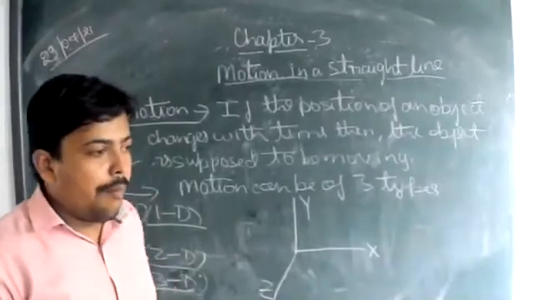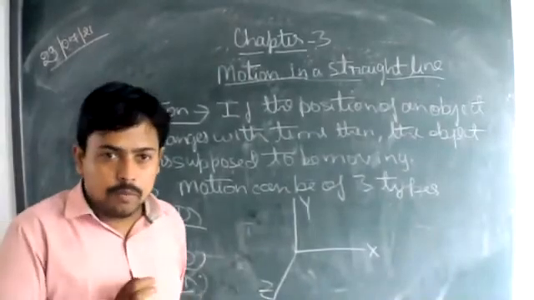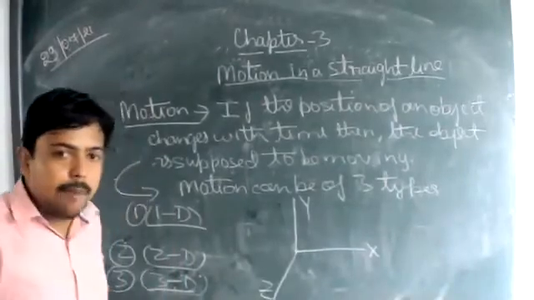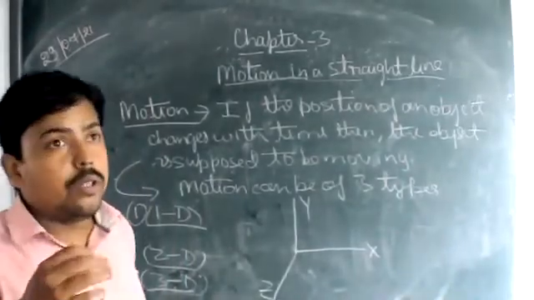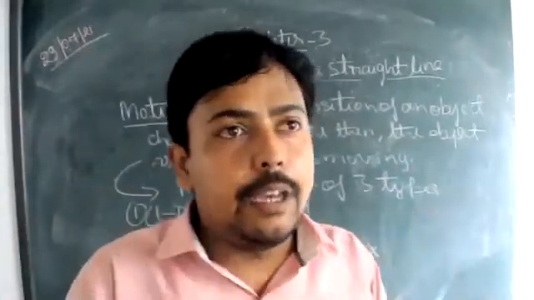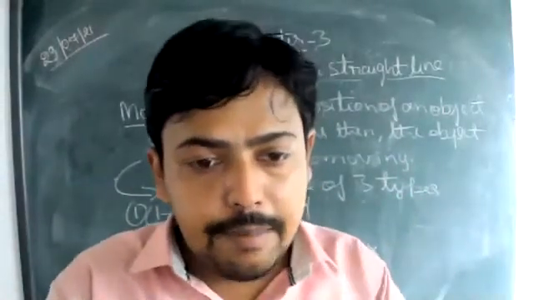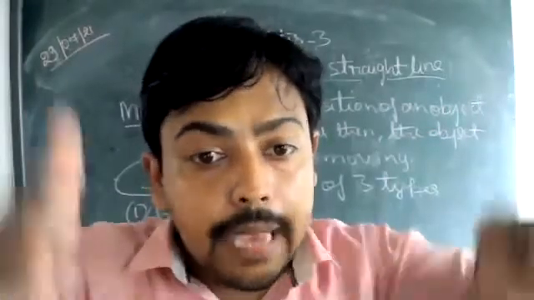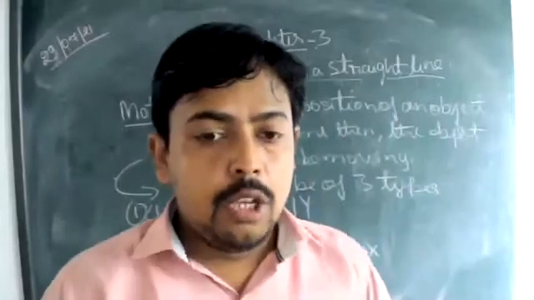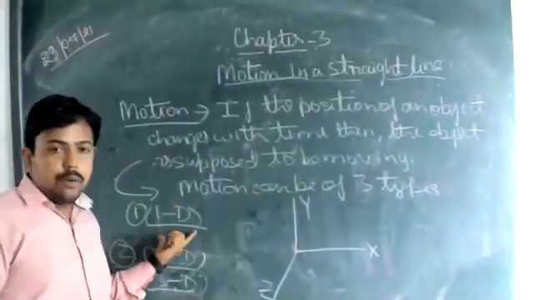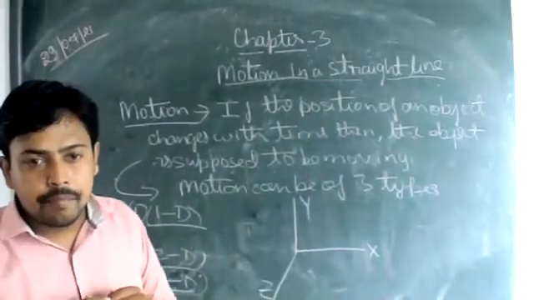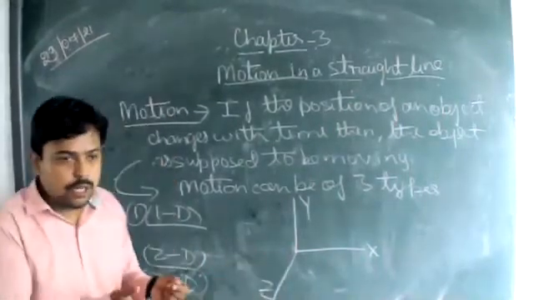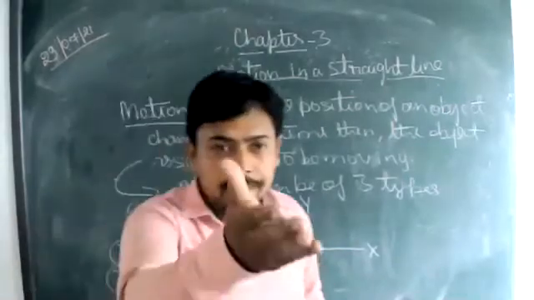For example, if I am standing in a room and moving, it is obvious that my room has some length, some breadth, and some height. Just to analyze what 1D motion is, suppose I have started moving along the length of the room.